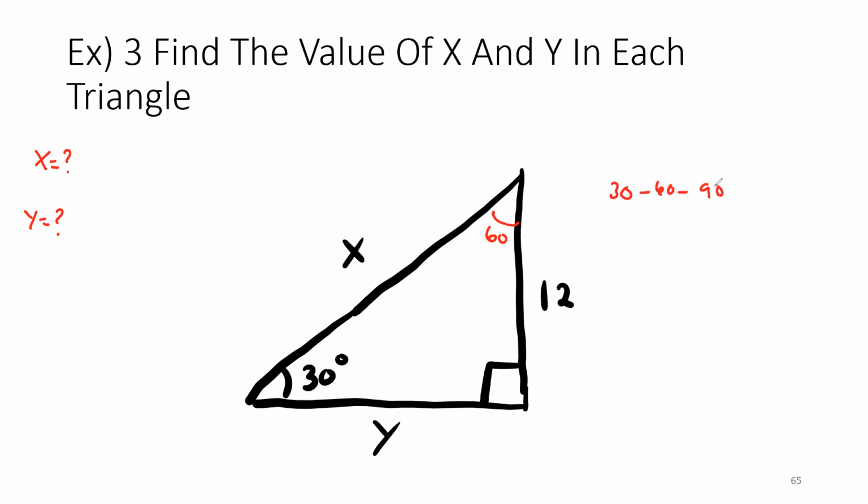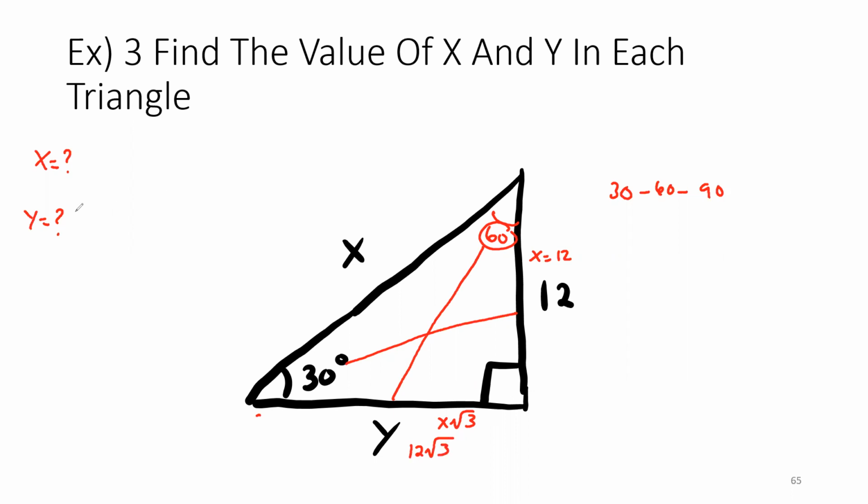So according to a 30, 60, 90, angle 30, or the smallest leg, is x. So x is 12. And then the largest leg, so the angle 60 goes with side length y. So y is the largest leg, and according to the rule, it's x times radical 3. So it's just going to be 12 radical 3.